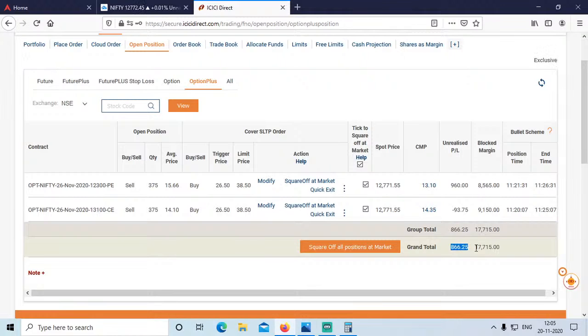866, and our initial margin is around 19,000. As and when we reduce the trigger price, that is the stop loss price, this margin also will get reduced, which means the remaining margin will be there for you to trade something else.